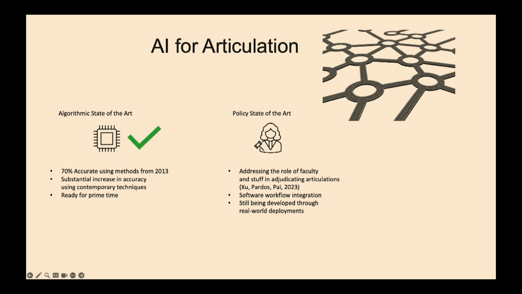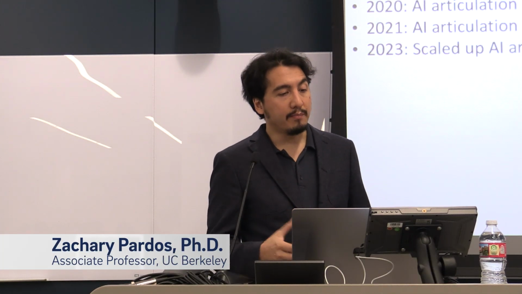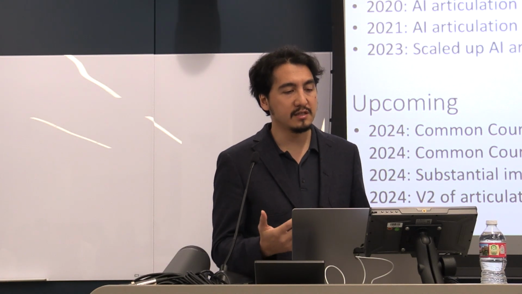What's the software workflow? Every institution is at some level quite idiosyncratic in their processes. So how do you map algorithms that like to be generalizable onto very idiosyncratic processes? That's a policy question. And so for our part, what we're trying to do to learn the policy solution is partnering with a number of system centers.